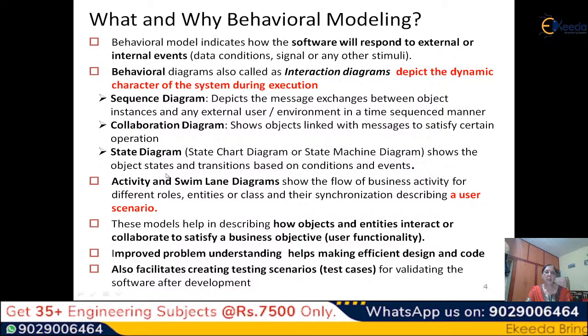In certain applications, you will find this very relevant, that the objects stay in particular states at different times, depending on what condition has happened to them, what the previous state is, and what event or message came to them. And accordingly, they will transition from one state to another state. So that is where we draw the state diagram.